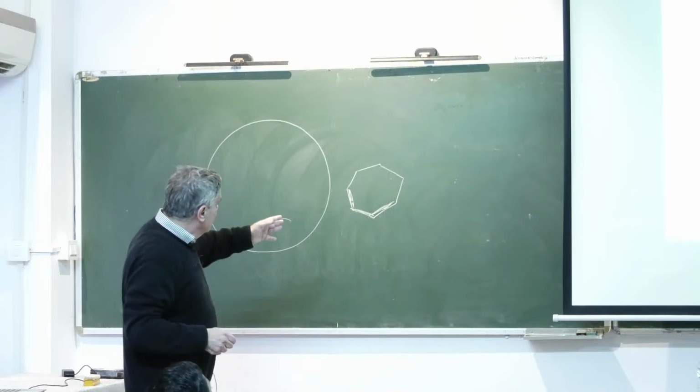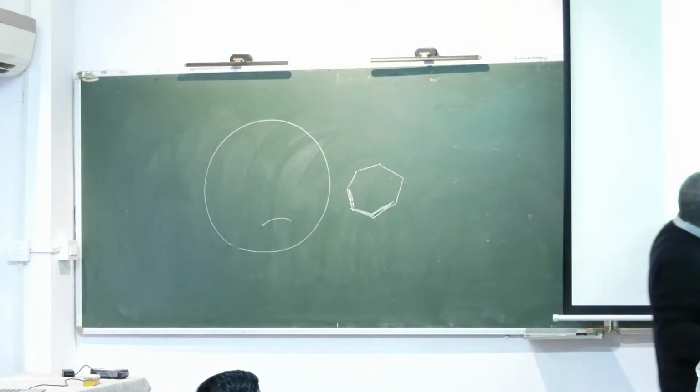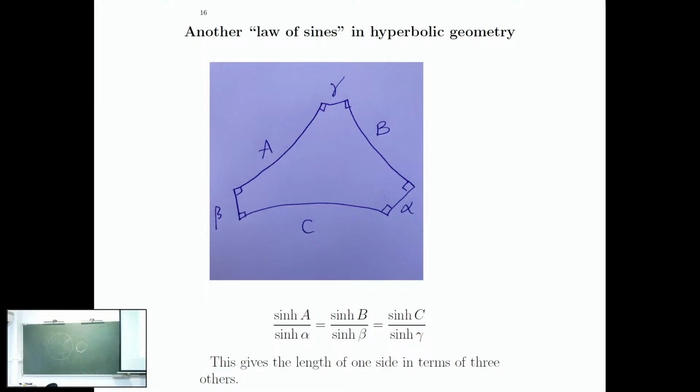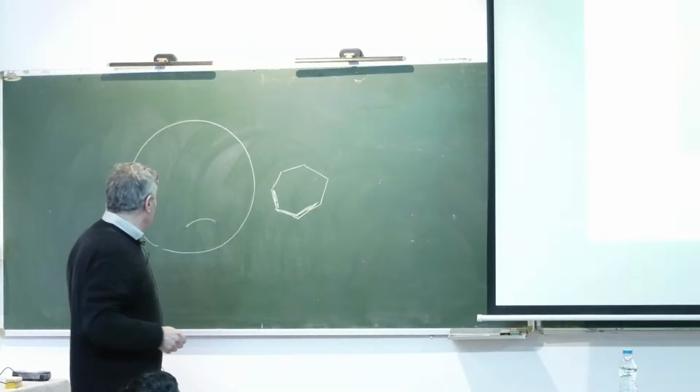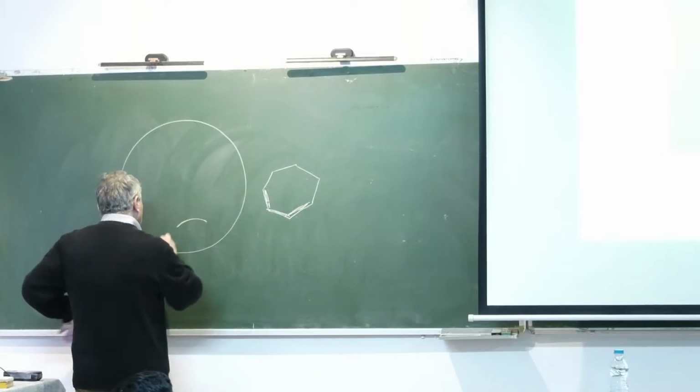B, alpha, and beta are not consecutive sides. If you choose A, alpha, and B, now I'm choosing consecutive sides. I'm doing the same, but for consecutive sides. So this is one, and then the other one.